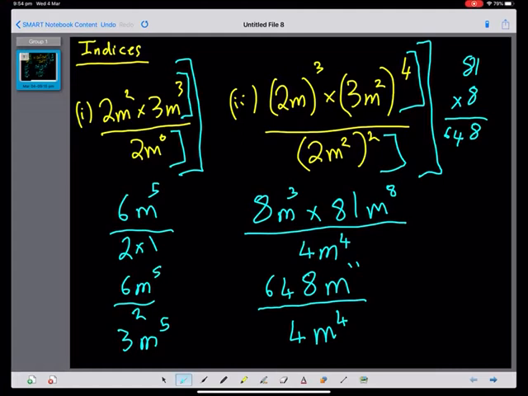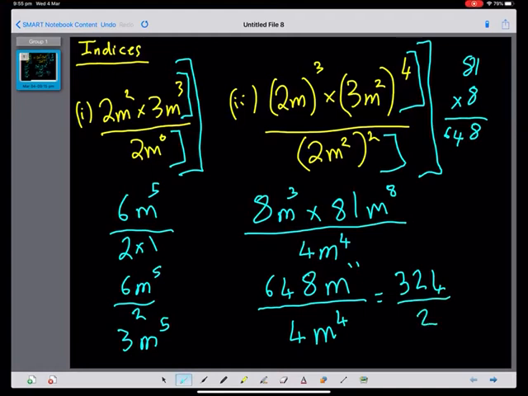Okay, so we need to divide 648 by 4. So we can half it twice. That's an easy way of dividing by 4. So half of 648 is, let's do this in stages then. Half of 648 is 324 over 2.